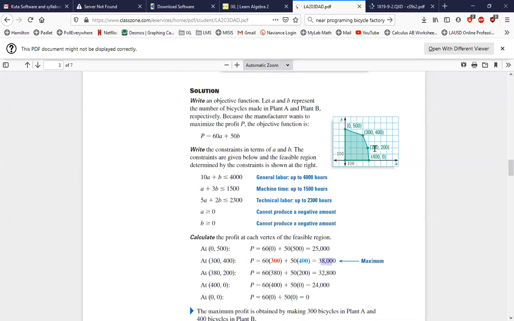What if I make 380 for A and 200 for B? Oh, that's not as much, but that was still more than our 25,000. And if I go to 400 and 0, that's going to be 24,000, which was less. So you want to check all your vertices because you don't necessarily always know which one will give you the most. Once you get more familiar with this, yeah, you can actually have some intuition. But till then, we plug them all in to make sure we can find out the maximum.